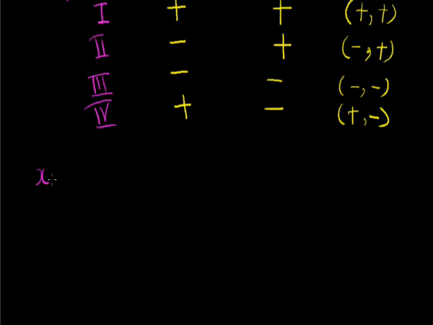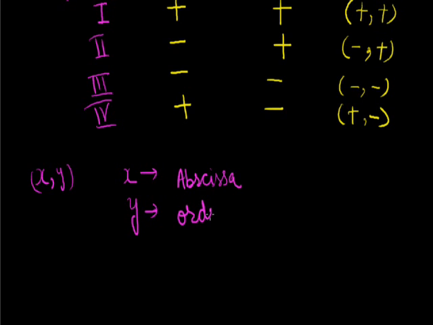In the ordered pair x and y, the x coordinate and y coordinate have specific names. The x coordinate is known as abscissa and the y coordinate is known as ordinate.